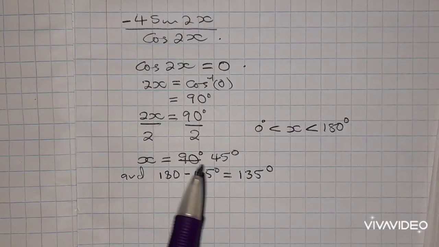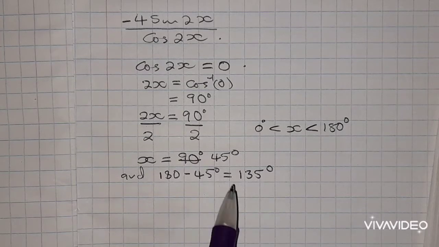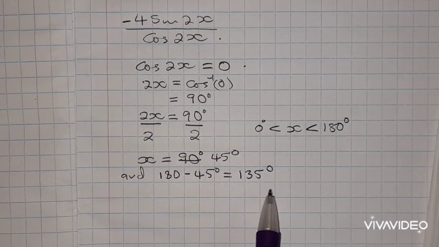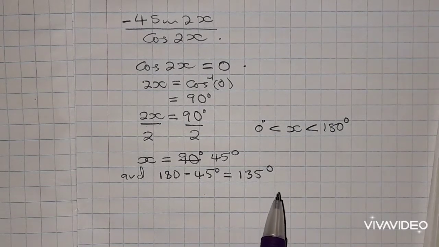So the values of x for which this identity is undefined, it's when x is equal to 45 and when x is equal to 135 degrees.